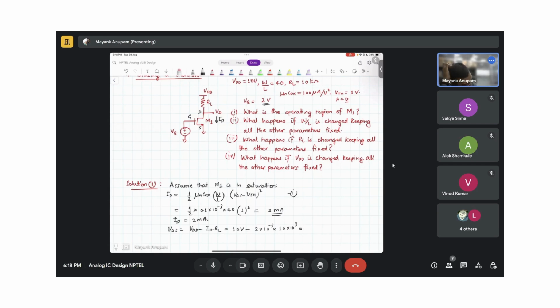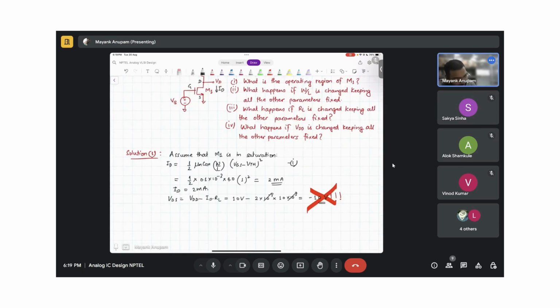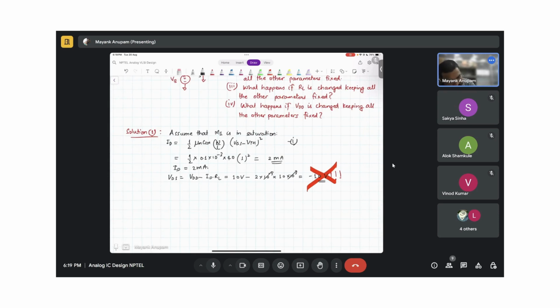The milli and kilo cancel each other, so 10 minus 20, that is minus 10 volts. Clearly the assumption is incorrect, extremely incorrect. So VDS is negative, which implies the assumption is incorrect.